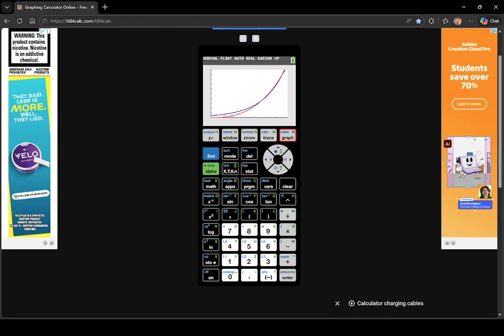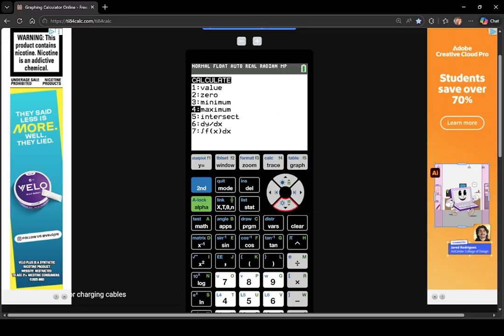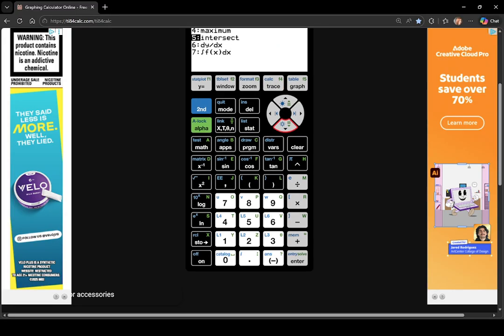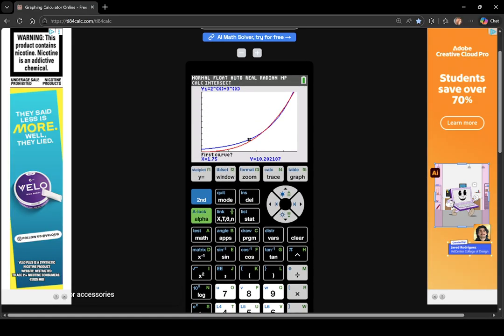It's still a little bit small. Maybe I can zoom in for you. But you can see an intersection point right in here and another one right in here. And so what you want to do is second, calculate. We go down to intersect, and I hit enter. It says, where is the first curve?